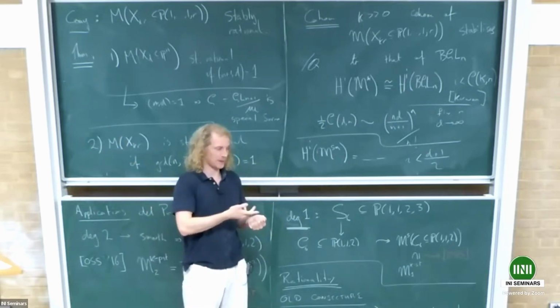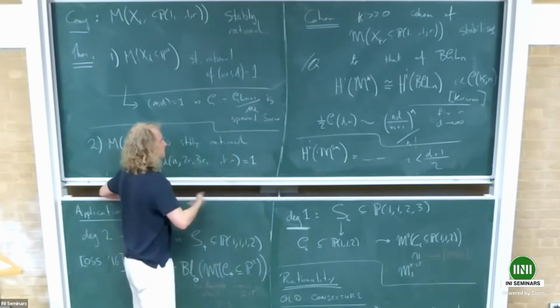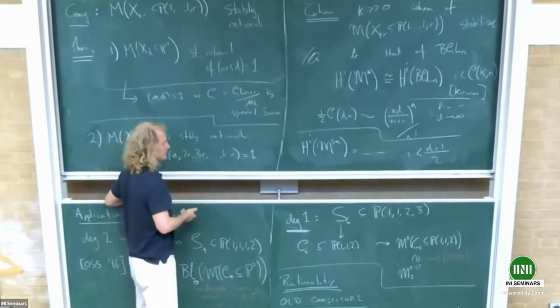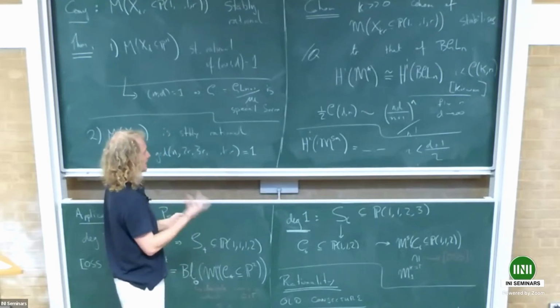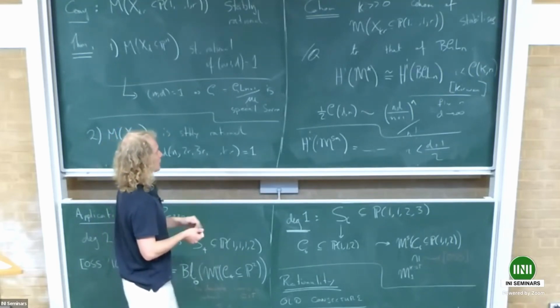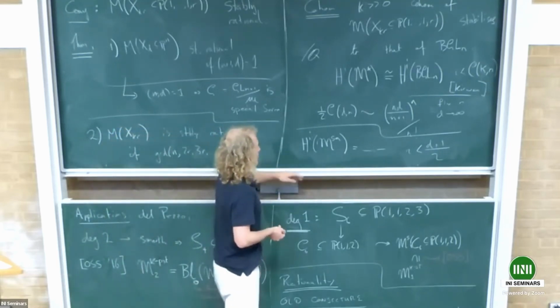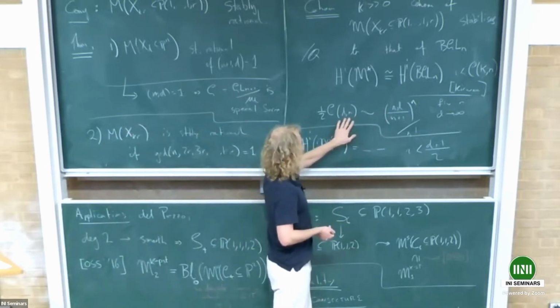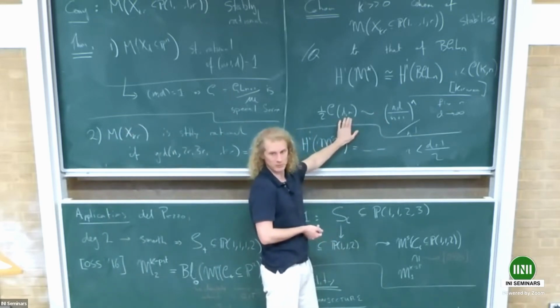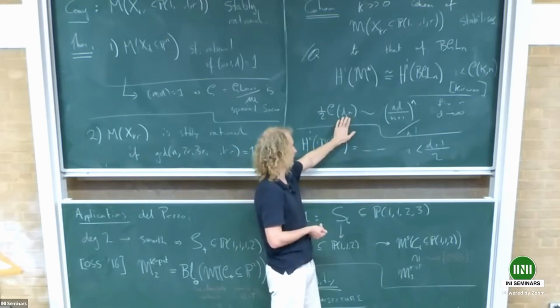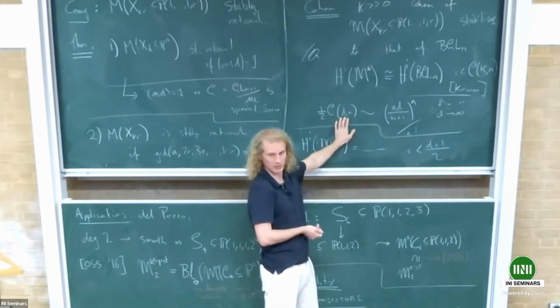And so your unstable locus, which you're taking a sweep of, contributes less and less to the cohomology. The point is you can write down explicitly what this is. I don't think they're optimal, but you can put bounds on the codimension of the unstable locus.